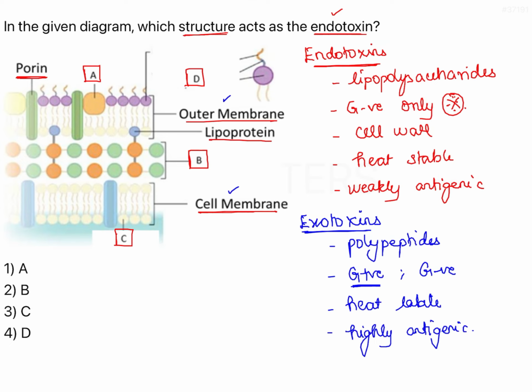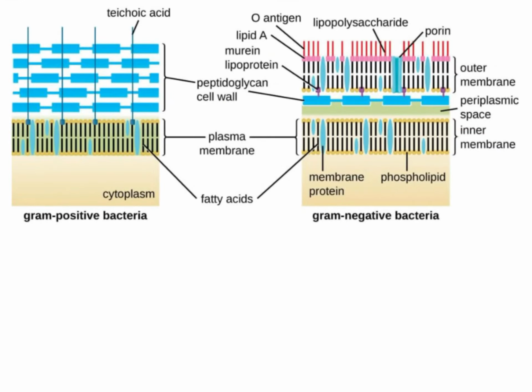But in order to rule out the unlabeled parts, we should be thorough about the different layers of the gram-negative cell wall. So, now here is a picture which clearly demonstrates the layers of gram-positive as well as gram-negative cell wall. So, it is easy to compare gram-positive with gram-negative. Beginning with gram-positive, surrounding the cytoplasm we have the plasma membrane, and next to the plasma membrane we have the peptidoglycan cell wall.